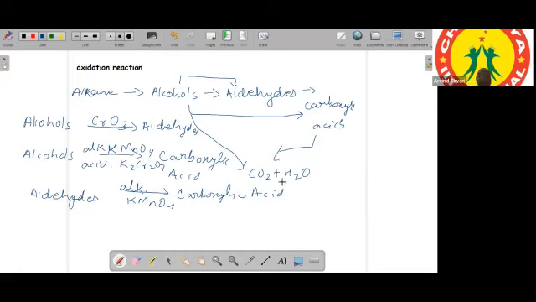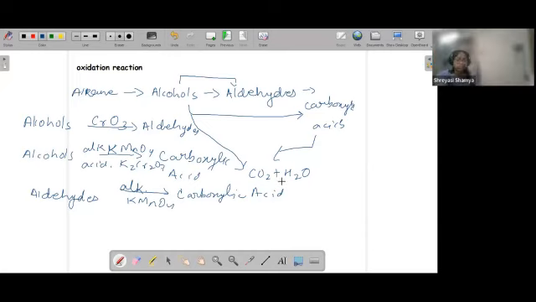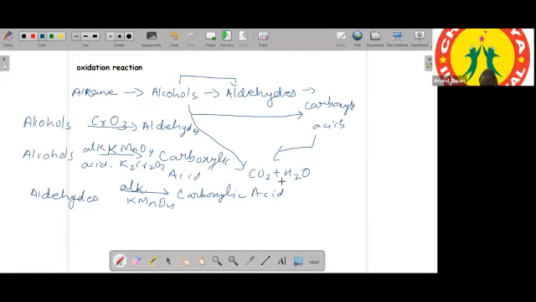Then how will you get carbon dioxide and water? How can you get carbon dioxide and water from alcohols? By combustion. If you start burning the alcohols, then the alcohols will get converted to carbon dioxide and water. It will happen to all of them.